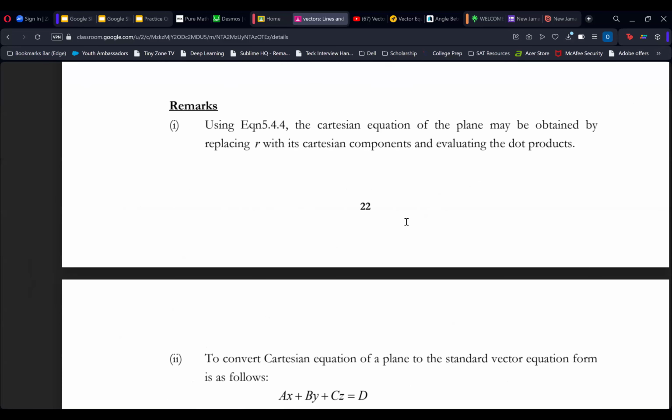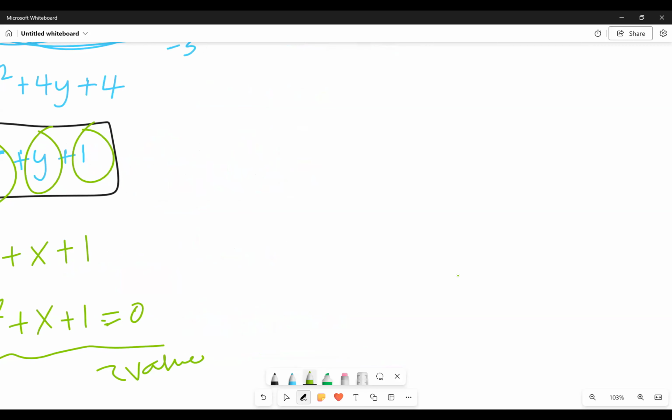Okay. So I wanted to show one more question about vectors and geometry, which is on a Cape paper, where it asks... so I have the whiteboard and I'm going to get the question that I saw.